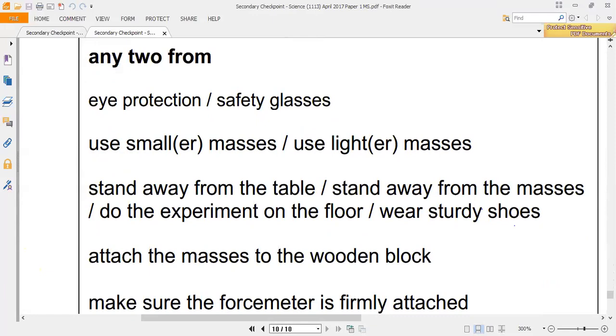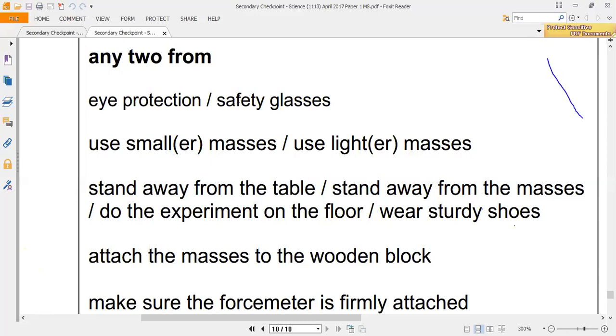This type of question is known as an open-ended question. Any one of the responses or attempts that you provide will be accepted as long as they are logical, relevant, consistent answers. So any 2 answers are going to be okay. If you say eye protection or safety glasses or even eye goggles, okay.